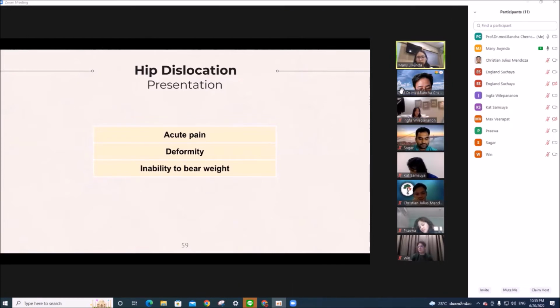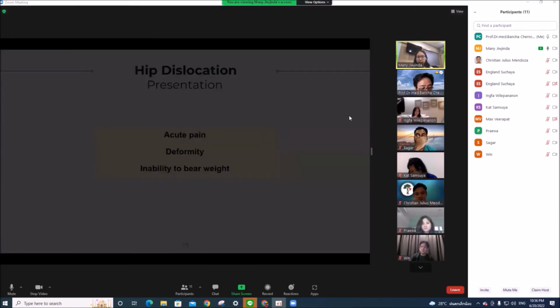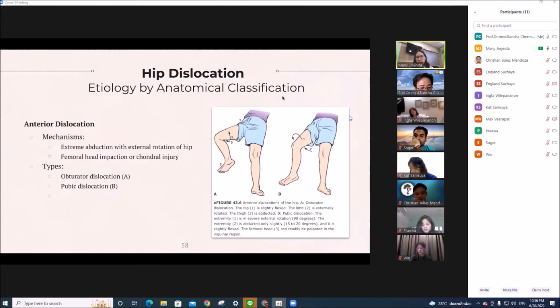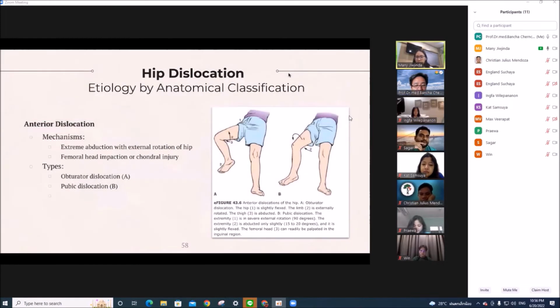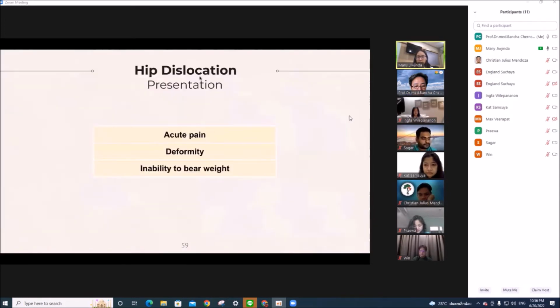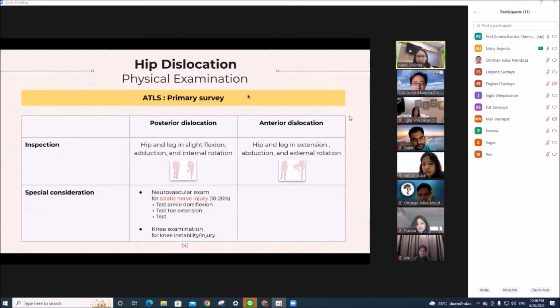As for deformity, depending on the type of dislocation, they present with internal rotation and adduction, or abduction and external rotation. They can also have limb length discrepancy. So those are the key features.